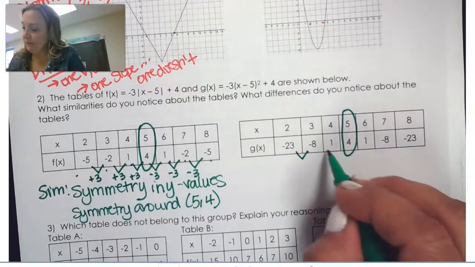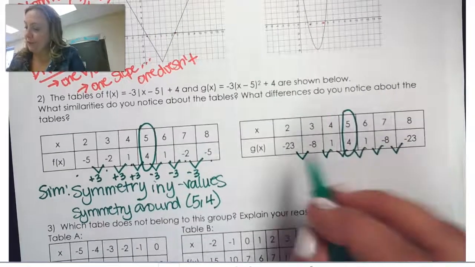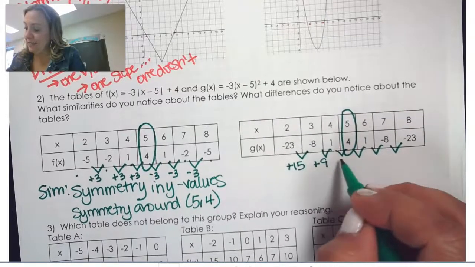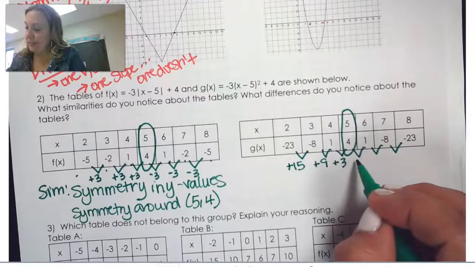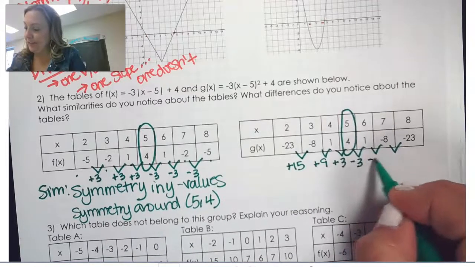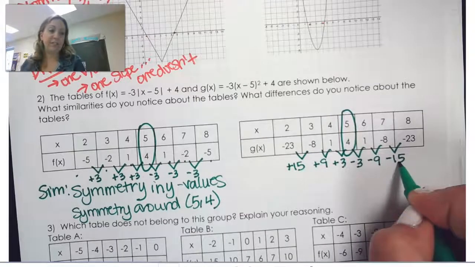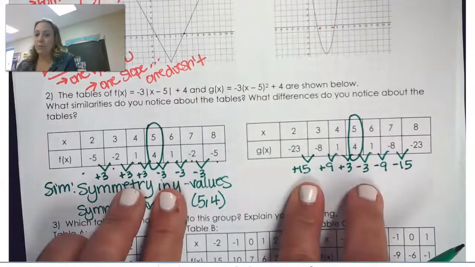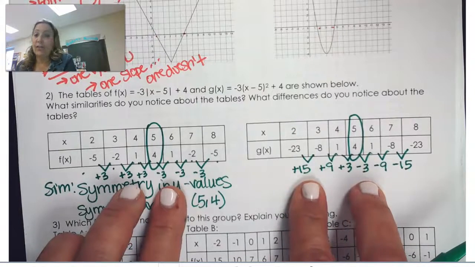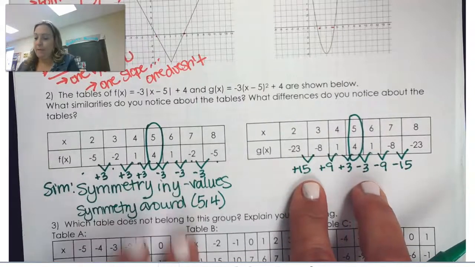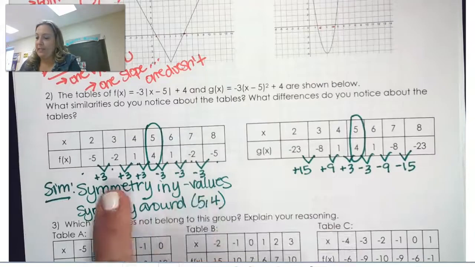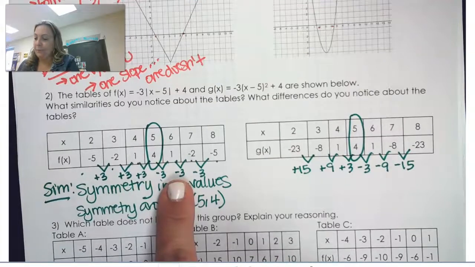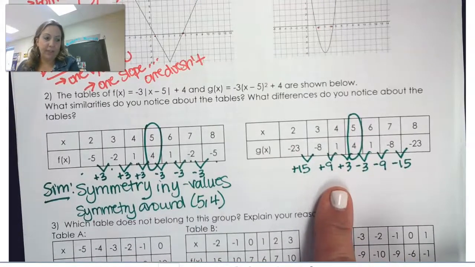Here, we're going up 15, up 9, up 3, then down 3, down 9, and down 15. So our y values are all changing and there is symmetry, but here these are all either constant, +3 or -3, and here they're changing this way.